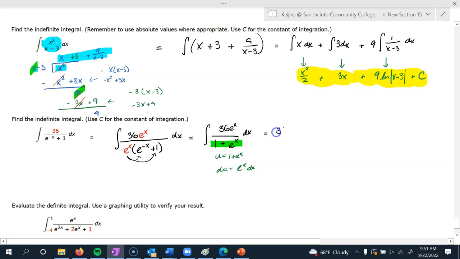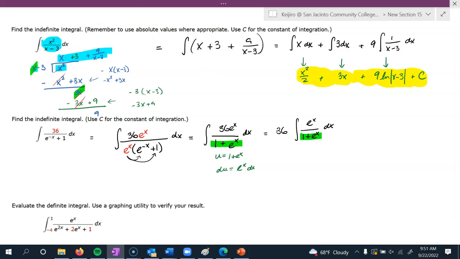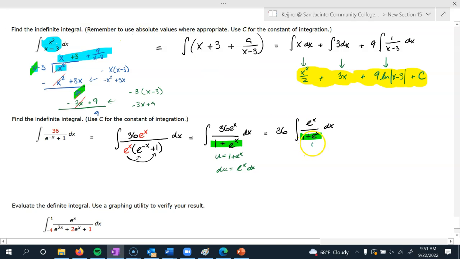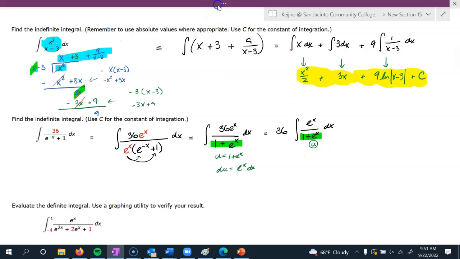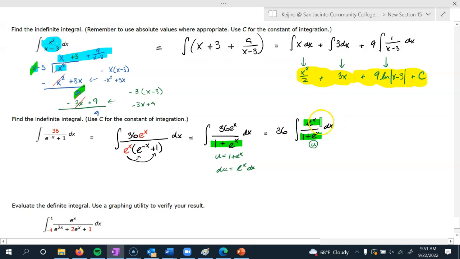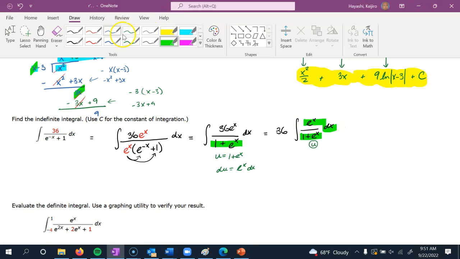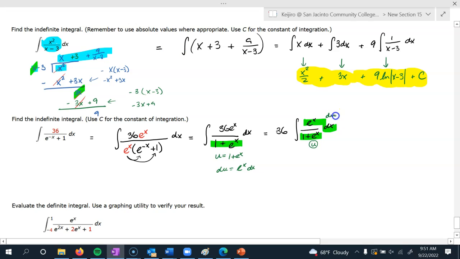Let's just take that 36 to the outside. You don't really have to, but that'll make it look nicer. Alright, so this is u on the bottom here. This is du on the top.